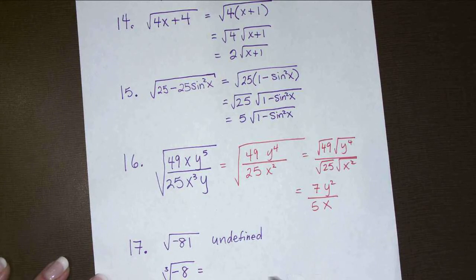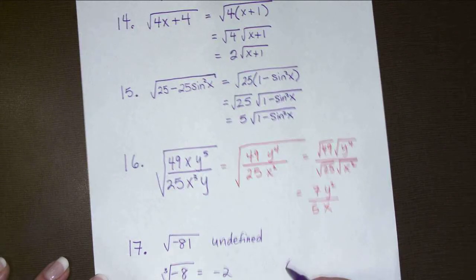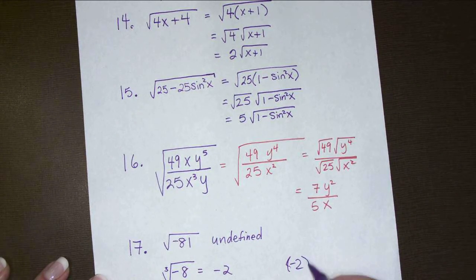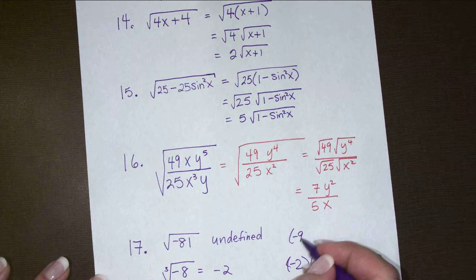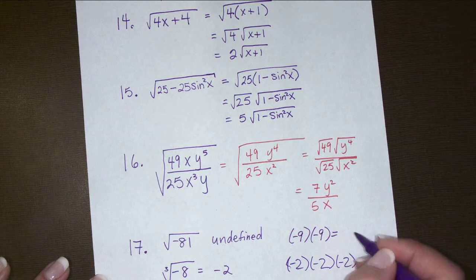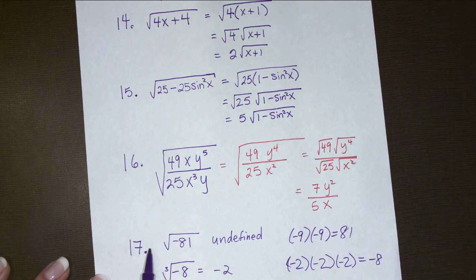Yes, that's negative 2, since negative 2 times negative 2 times negative 2 is negative 8. You can't multiply two negative numbers and get a negative for a square root if there's 2 of them, but with cube roots or any odd root, we can actually get a negative.